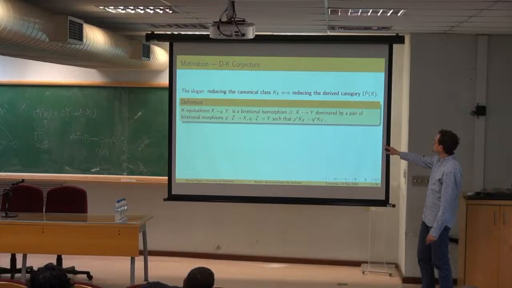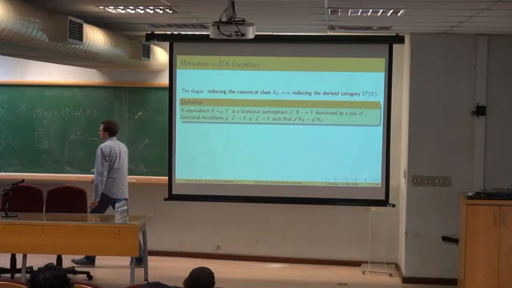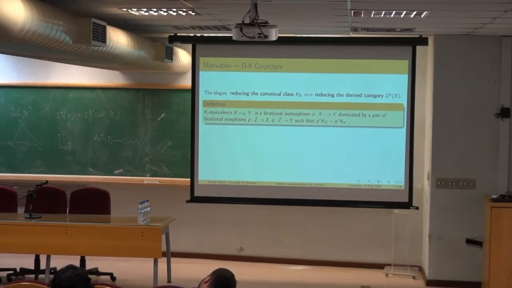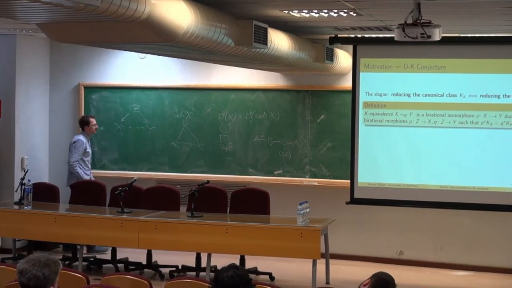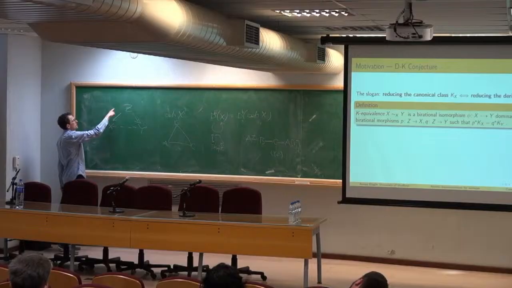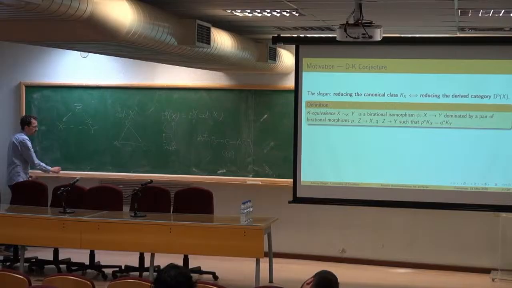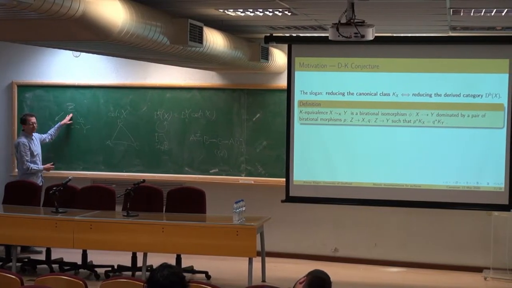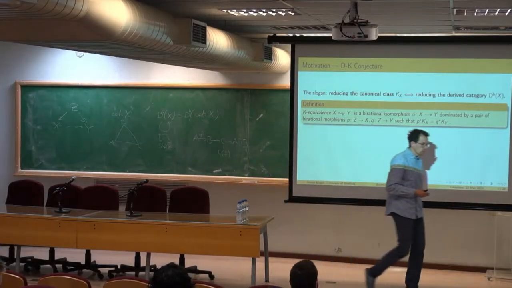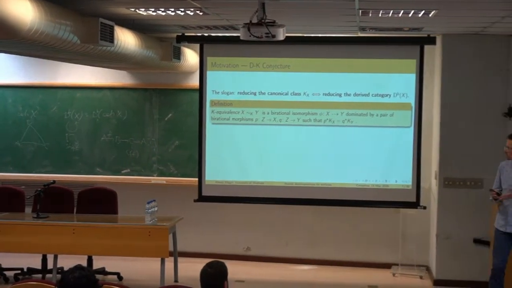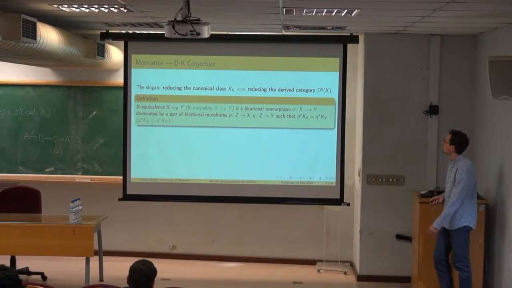To do this, you need to construct a common resolution of such a birational isomorphism by finding a dominating birational variety Z so that these are birational morphisms. Z is smooth. Then you can pull back canonical classes from X and Y to Z and compare on Z. If we have an equality, this is a K-equivalence. If we have an inequality, so that the difference is effective, then we have a K-inequality.